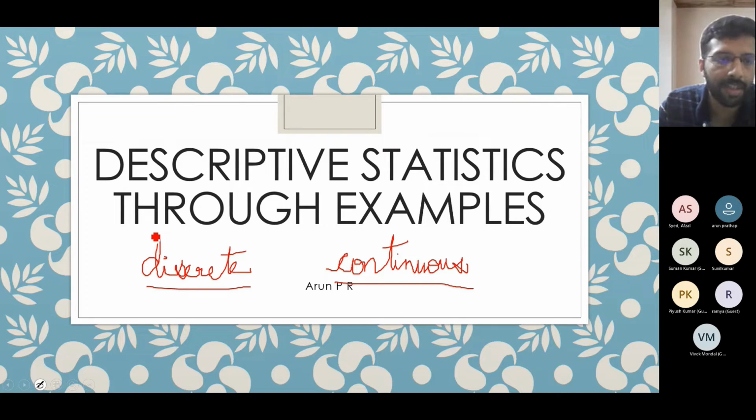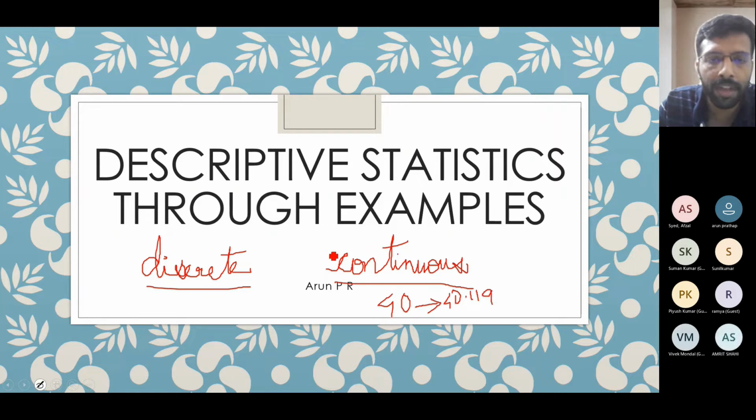All those are discrete. Now suppose we go for the height of all the people in the world, or weight of all the people in the world. Suppose we take weight, somebody can be 40 kg. But when you ask further, is it exactly 40? It can be 40.1 or it can be 40.119. It can take any range of values.